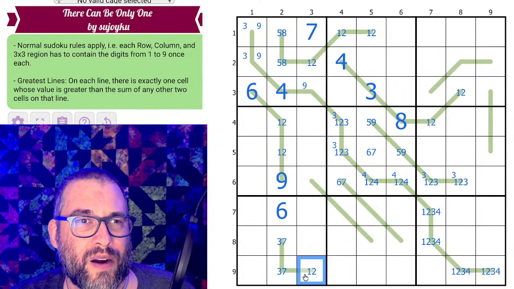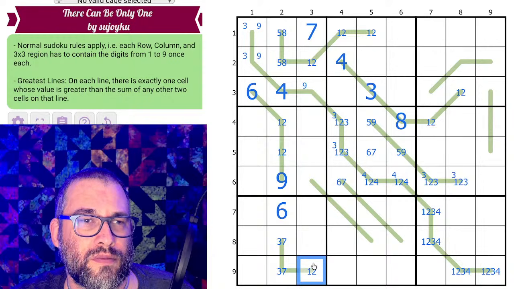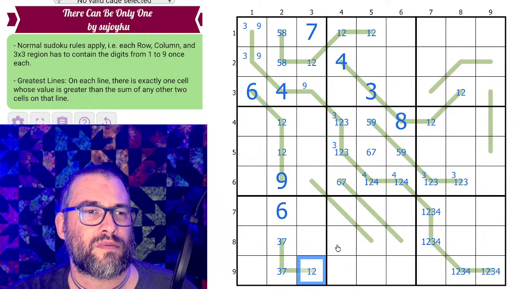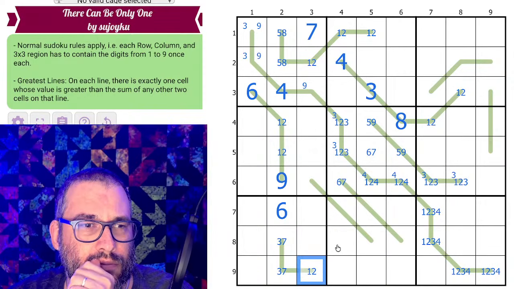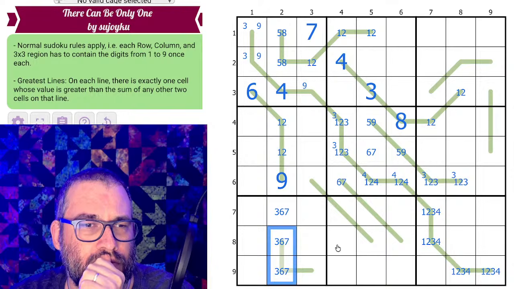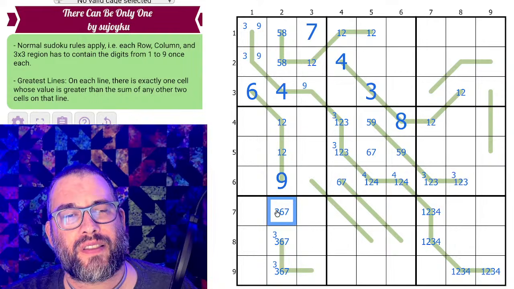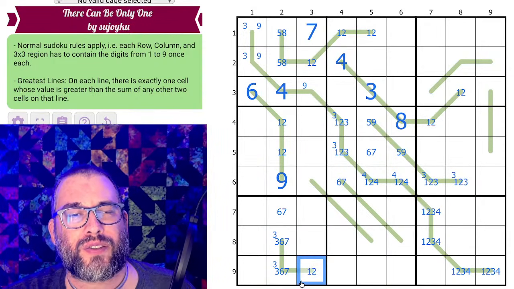Giving us a 1, 2 pair in the column. Three, 6 with a 1 or a 2. I guess what we can say is that there's a 3 here, and this is always a 1 or a 2.